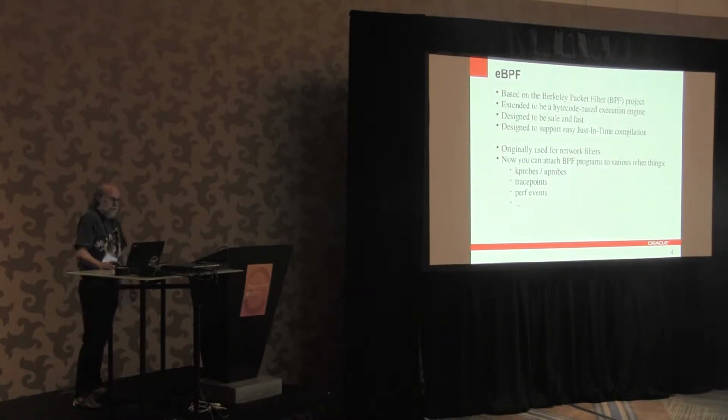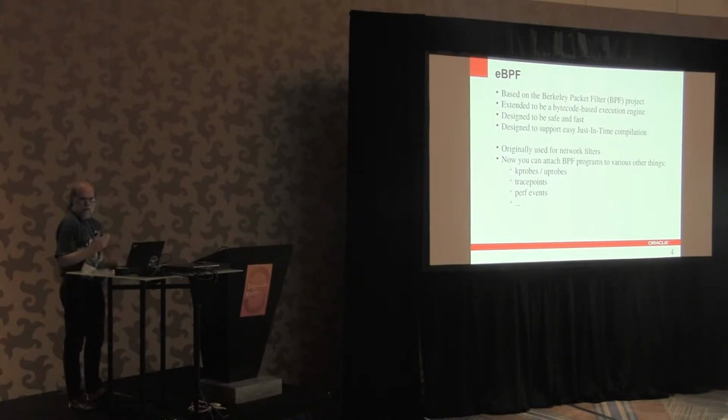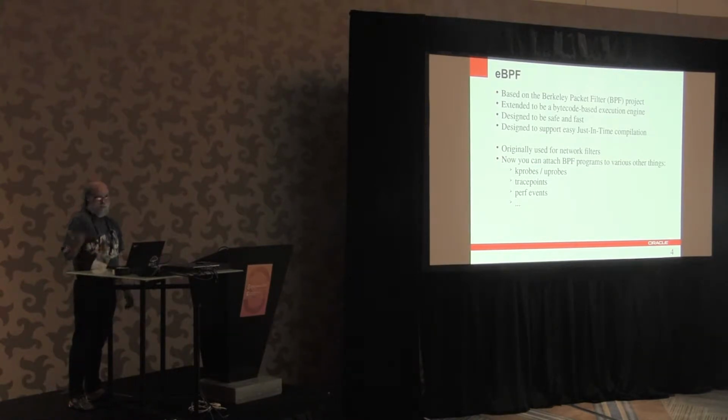So then we started looking at eBPF, because one of the things we saw is that this very big thing in the middle of the first graph I showed is this execution engine. We have something that executes some kind of a bytecode, and there is eBPF. Why should we maintain our own if there's something that already exists? So we started looking at that, and it is designed to be safe and fast, which is what we've been working on our side, and sometimes having to fix some issues with.